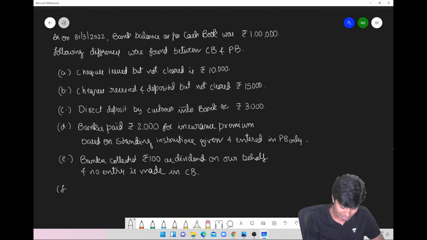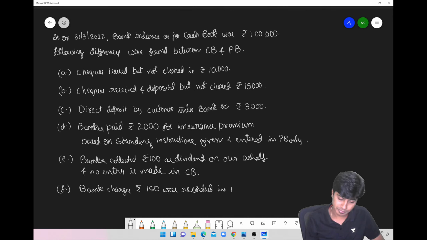Okay, then we'll write bank charges. Bank charges rupees 200. Or let's make it 150. 150 was recorded in passbook only.